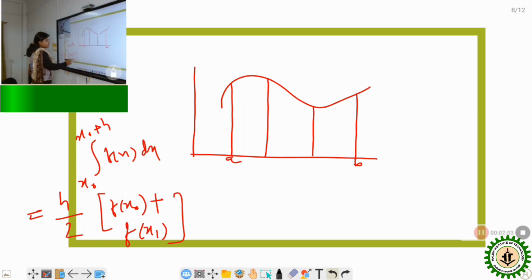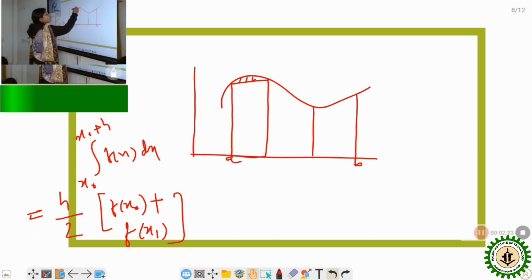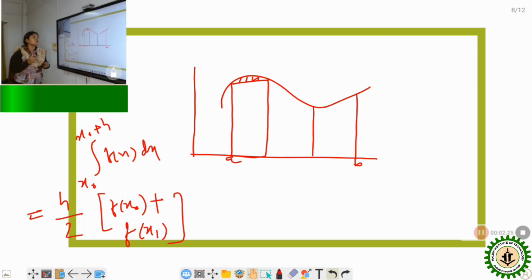So f(x0) plus f(x1) is the sum of the lengths of the two parallel sides. And what is h? h is the distance between these two parallel sides, so divided by 2. That means we are finding the area of this trapezium, neglecting this much portion. That means we are getting an approximate area.